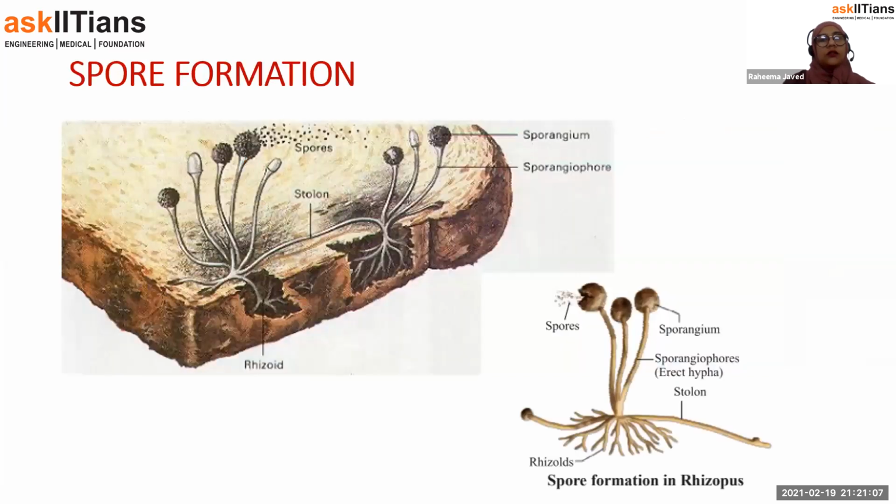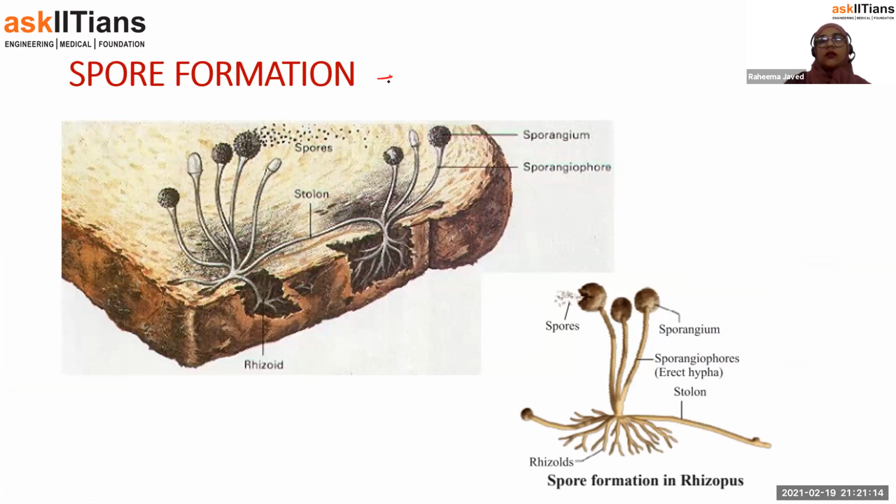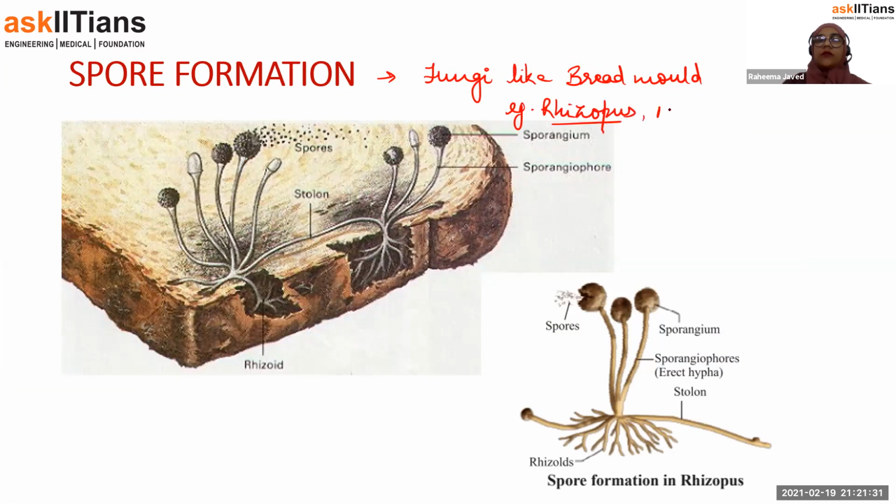Okay, let's move on to spore formation. Spore formation is common in fungi like bread mold. Examples of bread mold are rhizopus, mucor, etc. Okay, and penicillium is also an example.